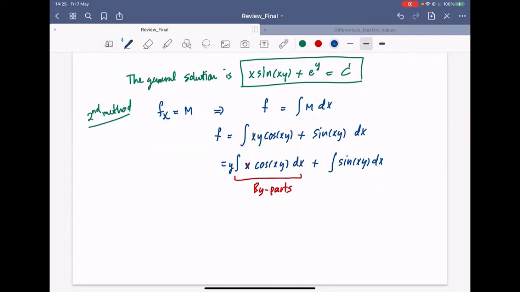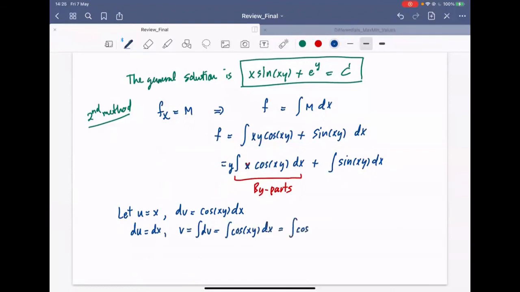If you want to do by parts, you let u be x, dv be cosine xy dx, and then du equal to dx, and then v equal to integrate dv, which means integrate cosine xy dx, and that means integrate cosine xy d(xy) over y. Okay, and that means 1 over y sine xy.